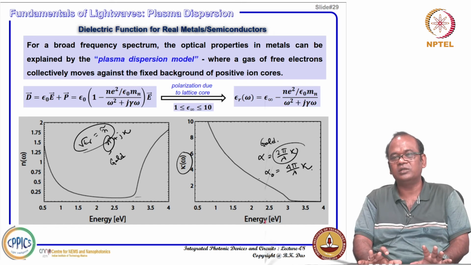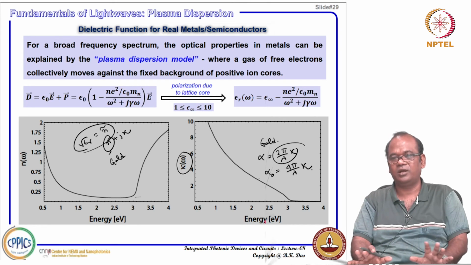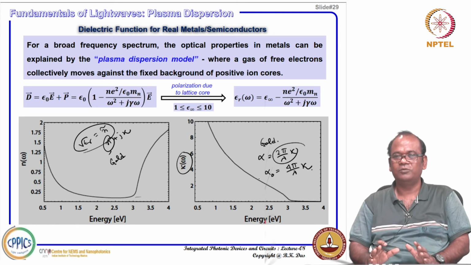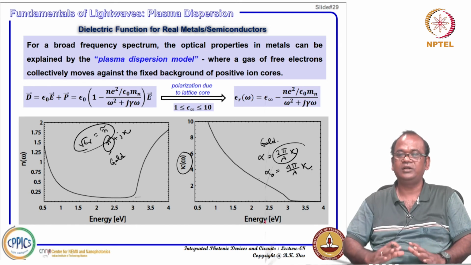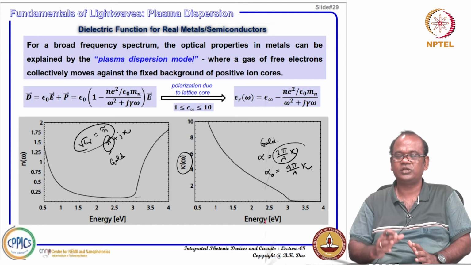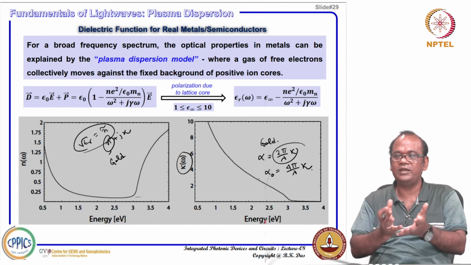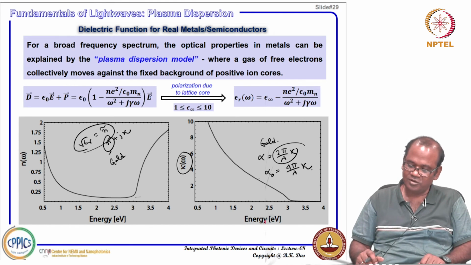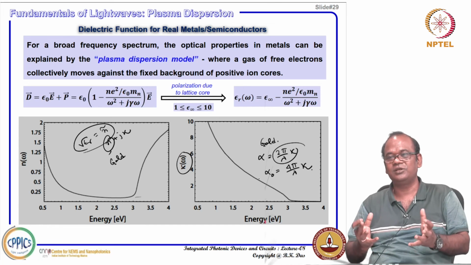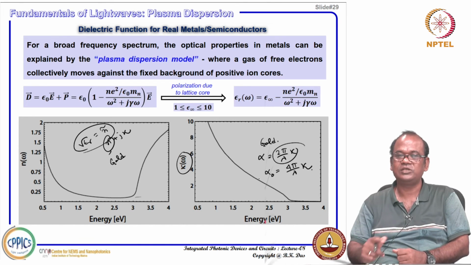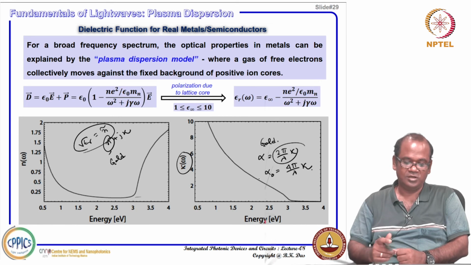Same type of consideration you can apply for a semiconductor, for silicon also. If you are considering crystalline silicon or intrinsic silicon or conducting silicon, a little bit of doped silicon, as a core material for a waveguide, for example, for photonic integrated circuits, in that case also, if it is doped or the carrier concentration is increasing, conductivity is increasing, then you can see this type of loss and refractive index.